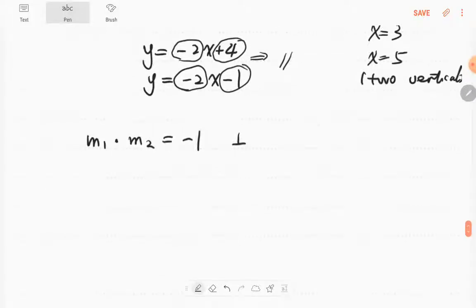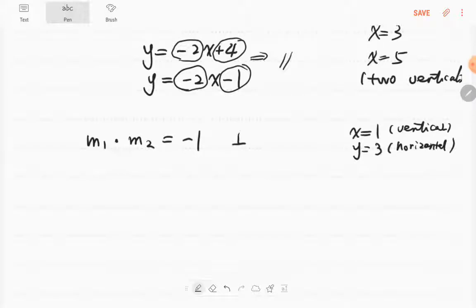Of course, we have another special case, something like x equal to some value, which is a vertical line, right? And this is a horizontal line.